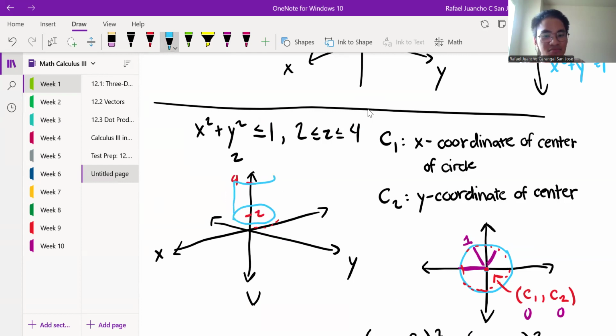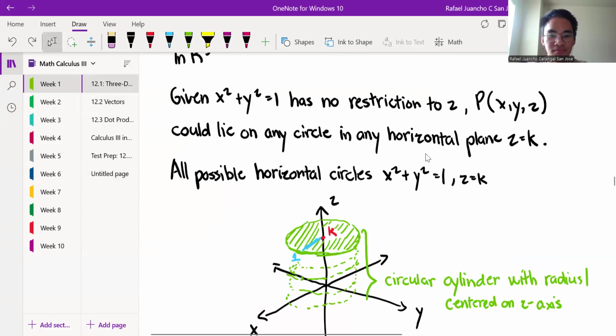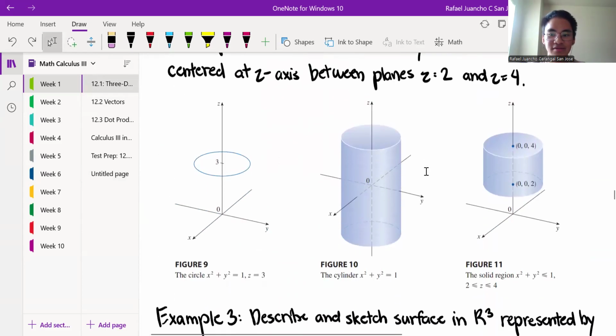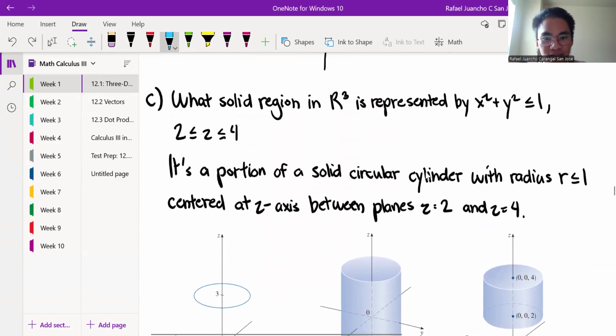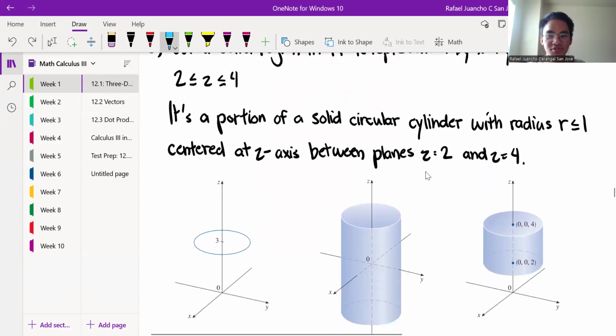Simple and easy. That's how you describe the surface, when z equals 4 and z equals 2. If you read this, it's a portion of a solid circular cylinder with radius less than or equal to 1.